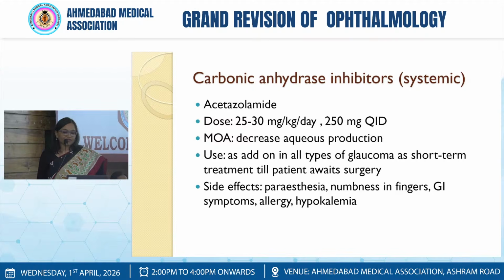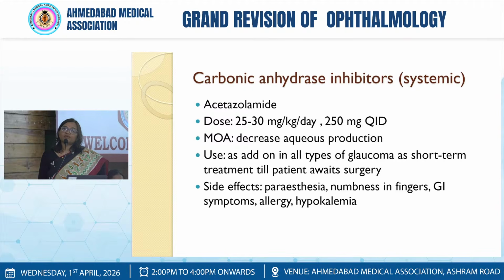It causes paresthesia and numbness of fingers because of the electrolyte imbalances. Most common are gastrointestinal symptoms, irritability, nausea, vomiting and gastritis. In patients with sulfonamide allergy, it has to be cautiously used, and because of the disturbed electrolytes, it can cause hypokalemia.